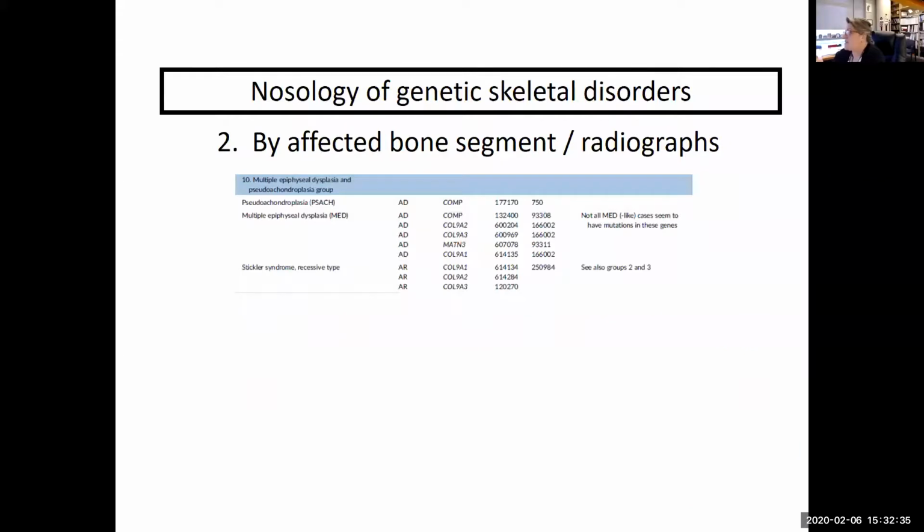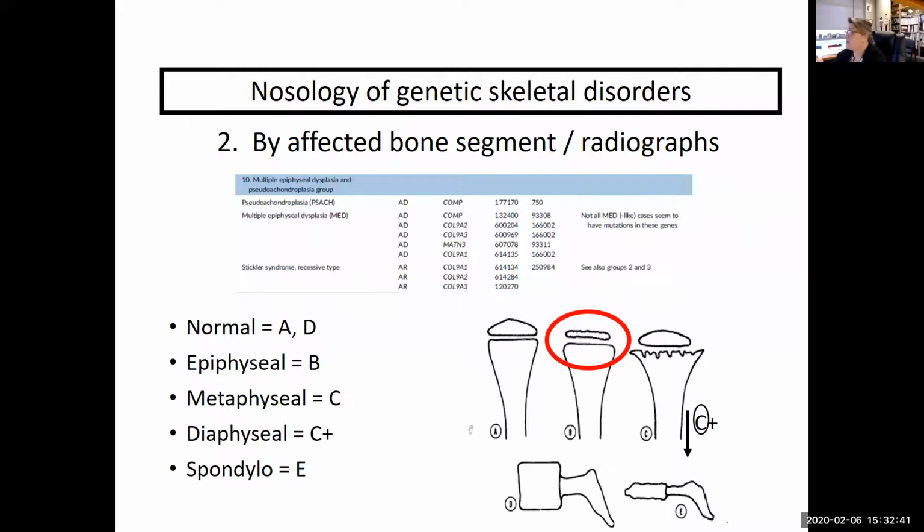A second way that these conditions are sometimes organized in this particular nosology is by the part of the bone that's affected, and we already talked a little bit about the epiphyses being affected in some of these conditions. Well, there is a whole group of multiple epiphyseal dysplasias caused by type 9 collagen, matrilin, or most commonly COMP, cartilage oligomeric matrix protein.